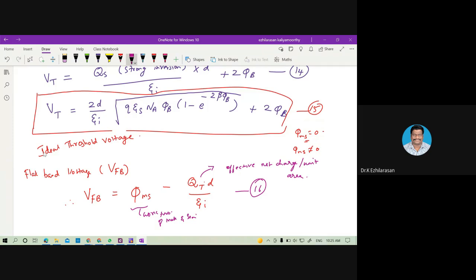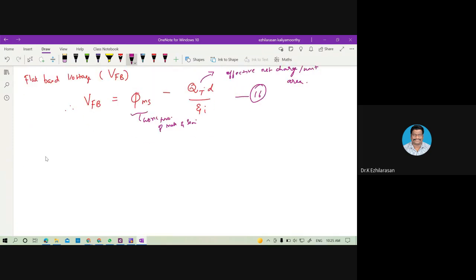Now, we also need to consider the flat band voltage. At strong inversion, the threshold voltage will change.